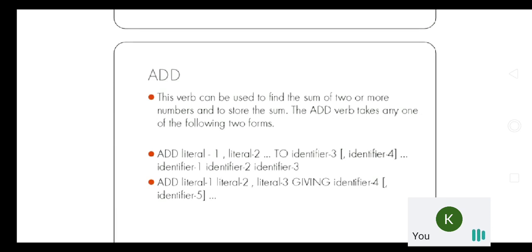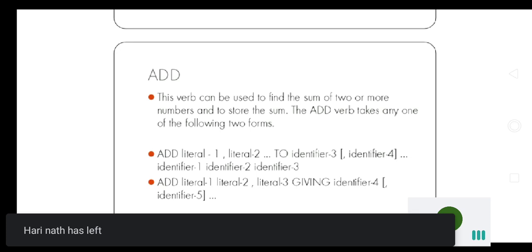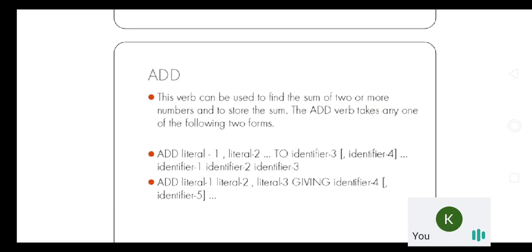General forms basically mean the syntax for how we have to use those arithmetic verbs. So in the introduction part you have some general forms, and then in the example part you will have real examples of how we have to make use of the corresponding arithmetic verbs.